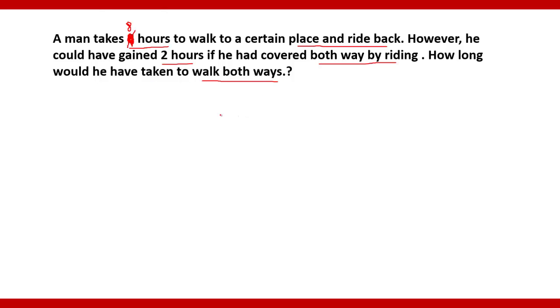Now here, as it is said that a man takes 8 hours to walk to a certain place and ride back, it means the walking time plus riding time is equal to 8 hours. And it is said that he could have gained 2 hours if he had covered both ways by riding.